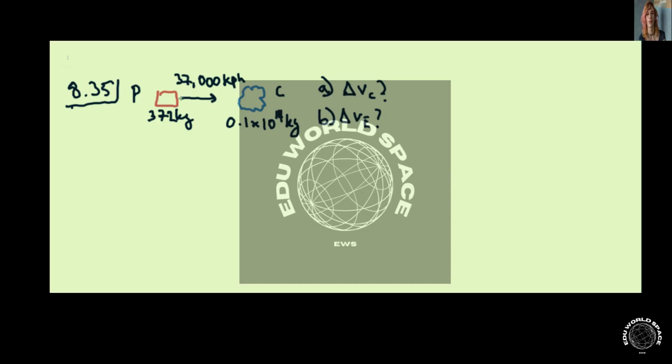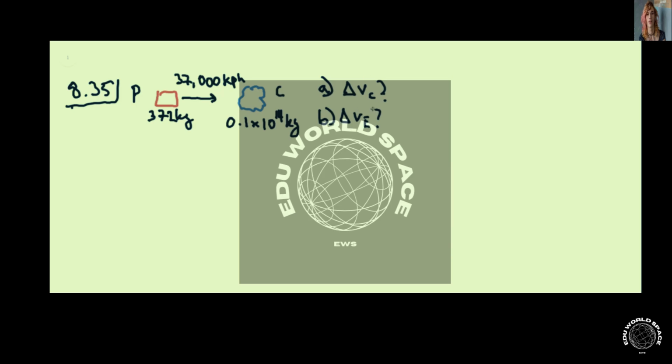And the probe, as it approached the comet, had a speed right before impact of 37,000 kilometers per hour with respect to the comet. So what we want to find out is what change in speed of the comet this produces. And if the comet were to crash into the Earth, what change in speed of the Earth would that cause?